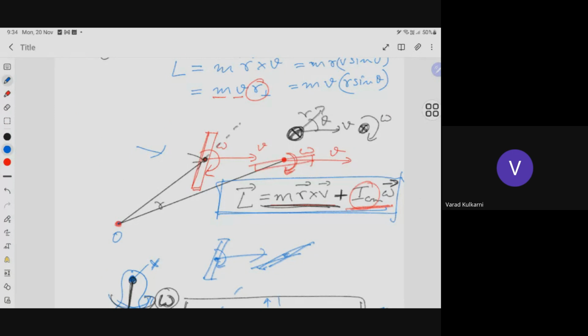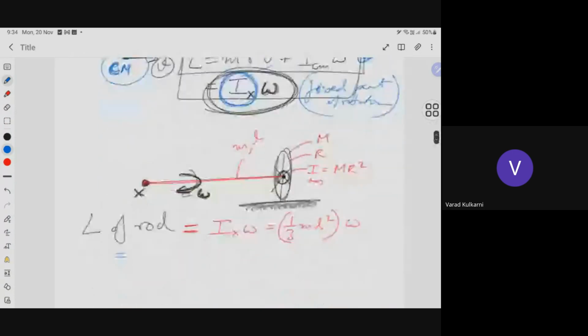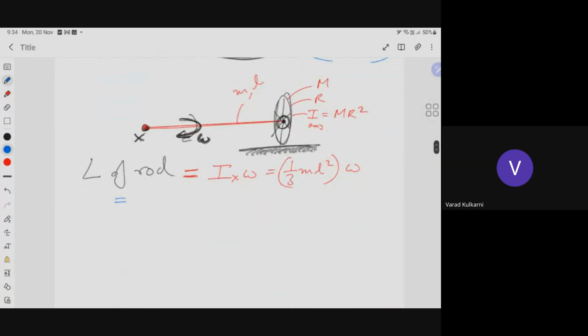First, you see only the center of mass and nothing else. So I'm just seeing the center of mass and I'll write m v r. So what is the velocity of the center of mass? Center of mass is L by 2 away from the fixed point, so its velocity must be equal to omega L by 2. Any doubt? And then that velocity mv is how much away from the point in question?